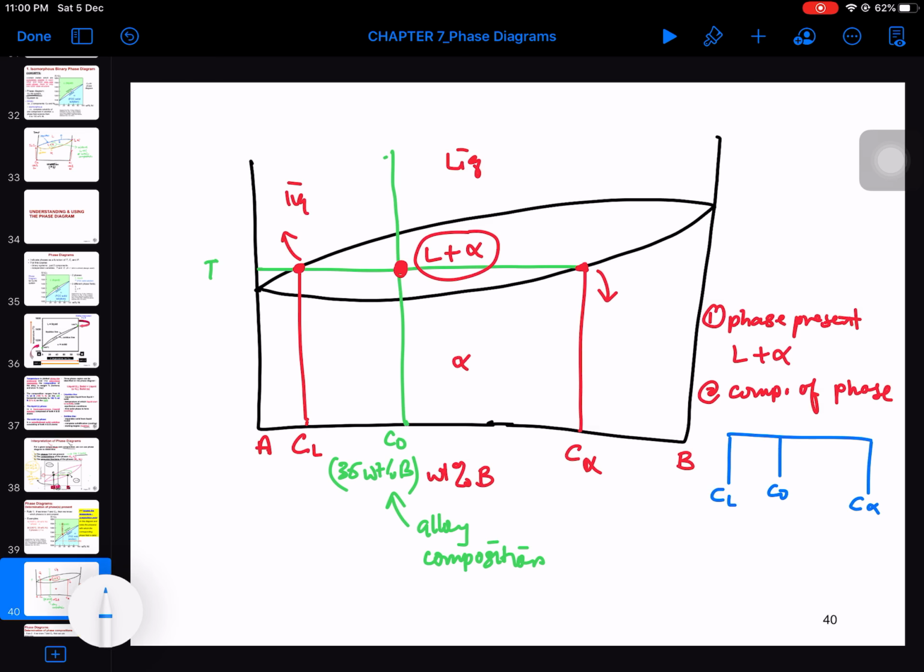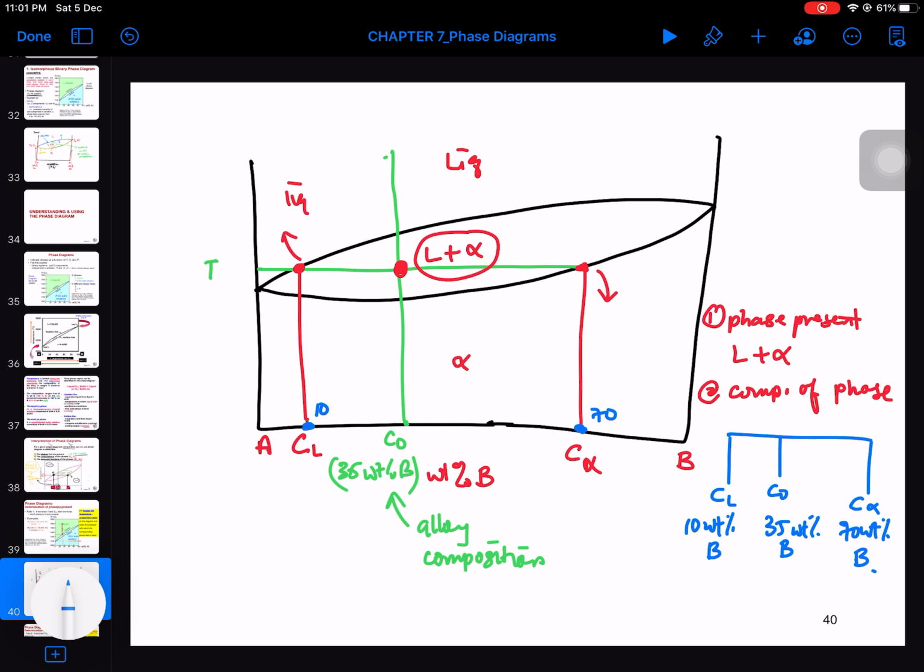We know that C naught is at 35 weight percent B. Let's say this is 10 weight percent B, and let's just randomly say that this is 70 weight percent B. So this is the composition of each phase.